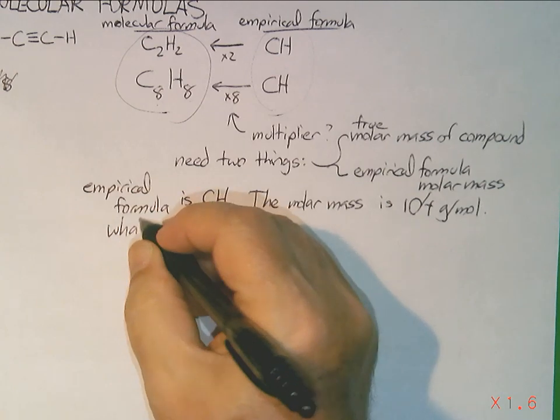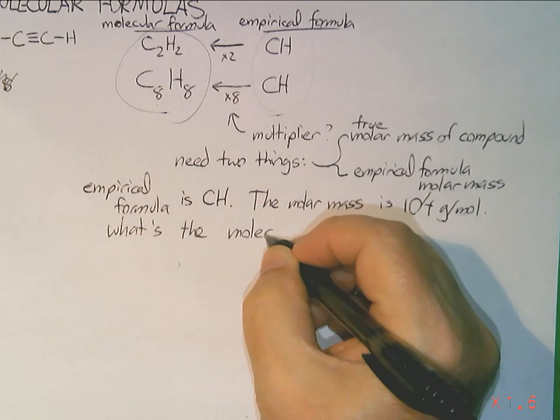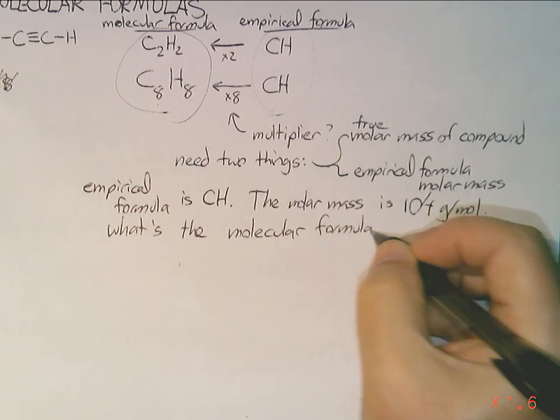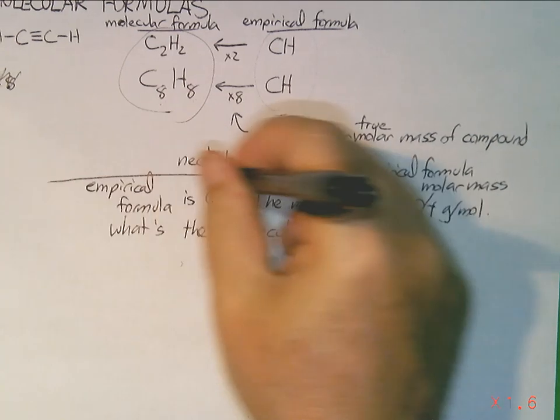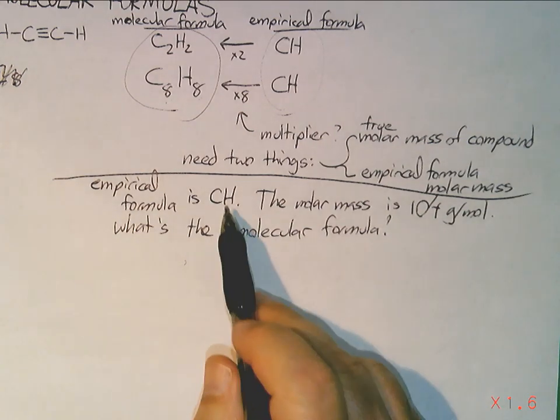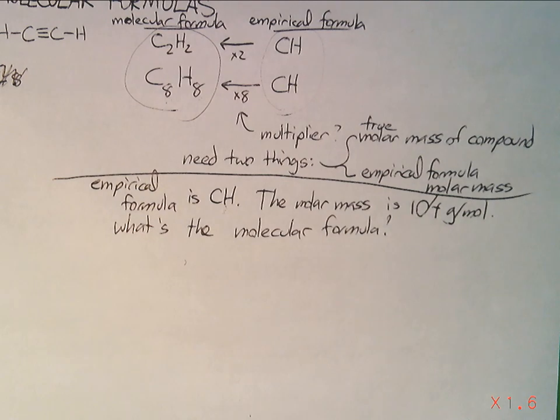What's the molecular formula? Here's how I figure out that multiplier in this case, because that's what I really need. I need to figure out what I need to multiply the subscripts in the empirical formula by.